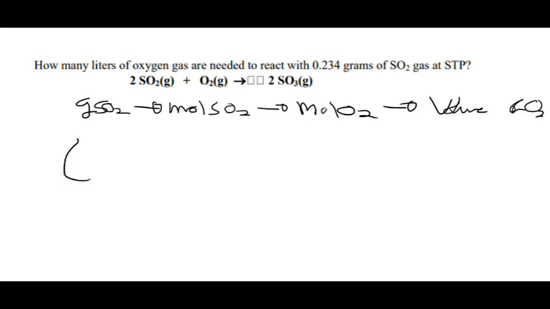So, we have 0.234 grams divided by 64 grams. Molar mass nito.